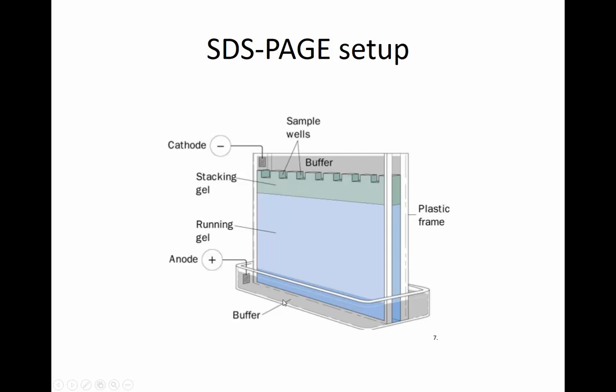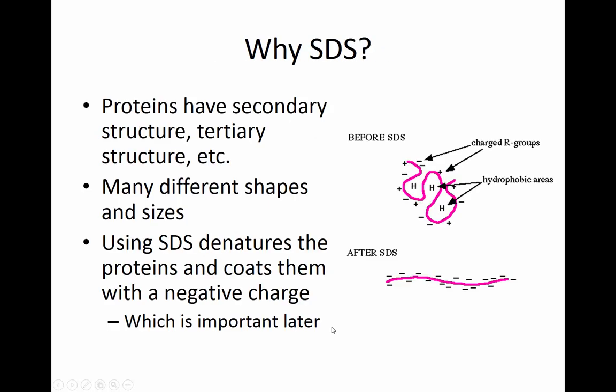So this buffer is a special, what we call running buffer for the gel, and it's got some salts and some actual buffers in it, and this allows for good transfer as the current goes down and the proteins go along with it. So we're going from the cathode to the anode here, and that's the direction of migration of the proteins.